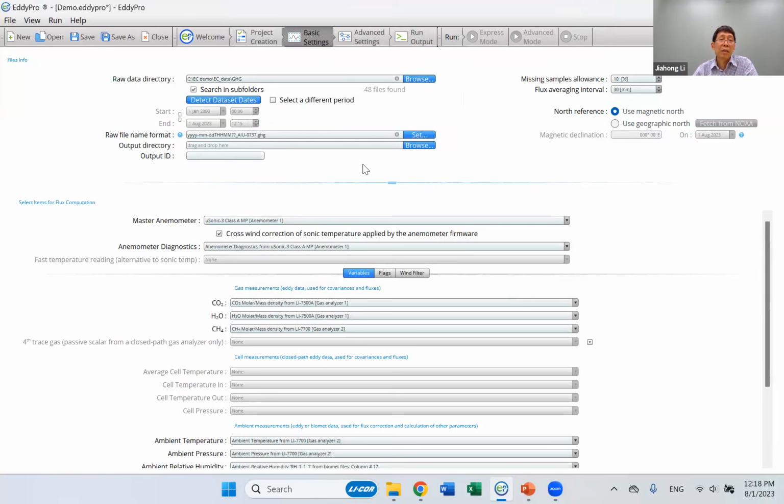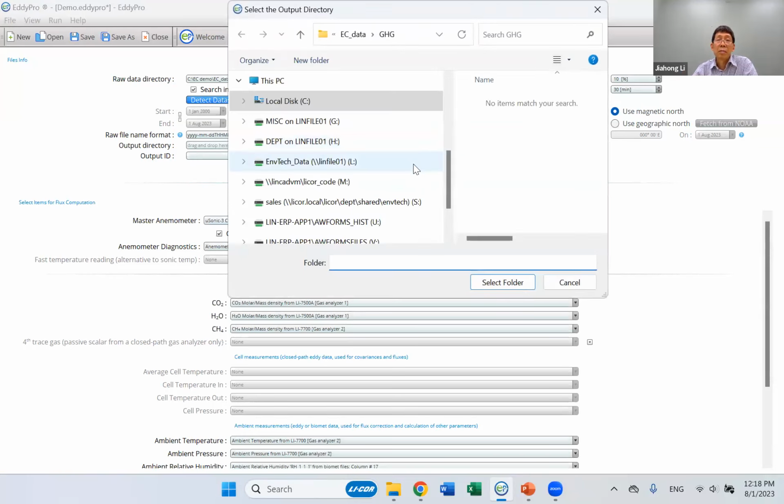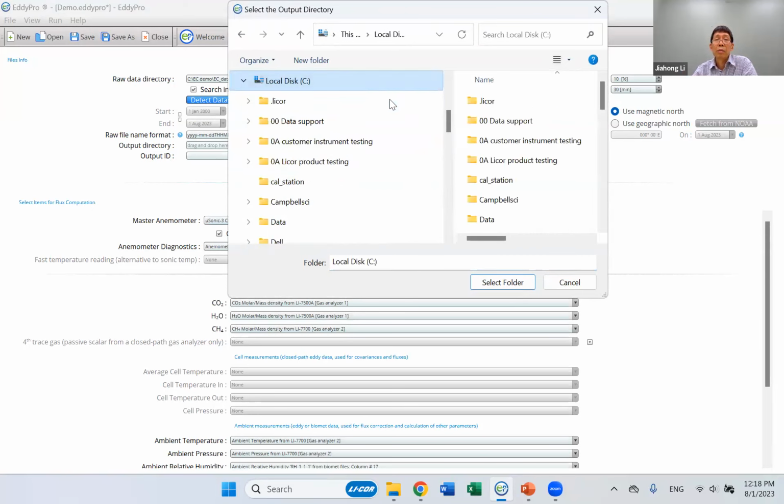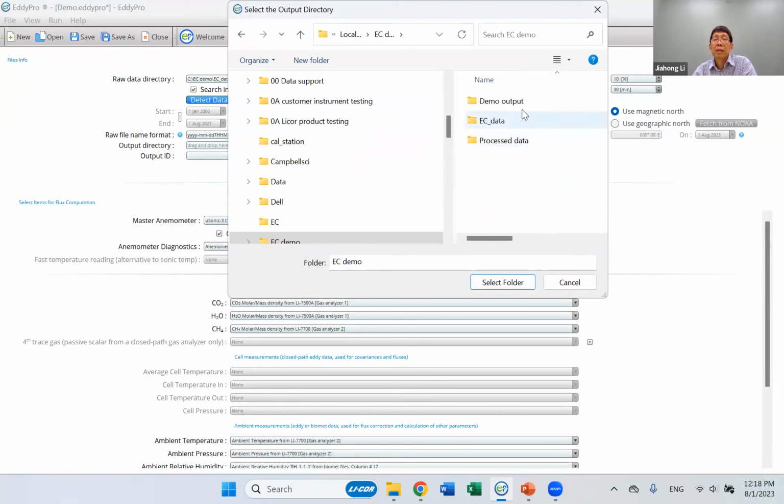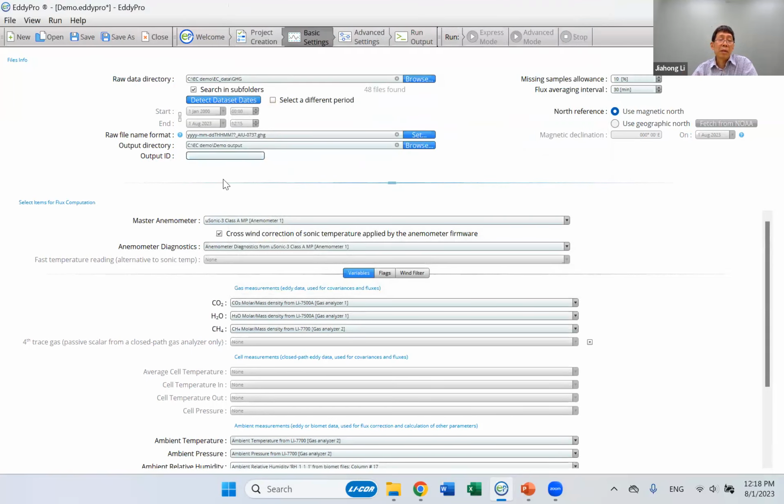Now we also need to set up the output directory. This means we tell EddyPro where the output should go. Go to here again, and then click the output here. The last step is to put in an ID. This will be part of the output file names so that we can easily find the output.